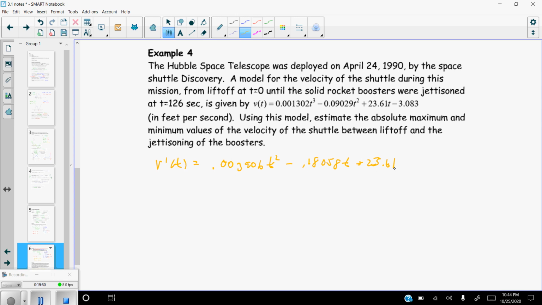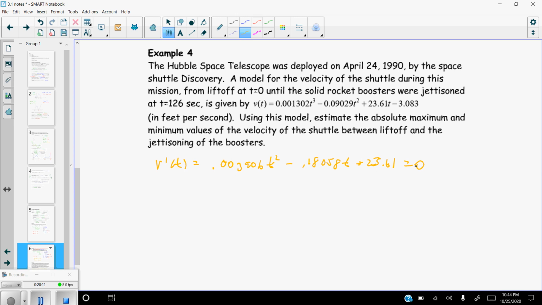We do need to figure out where that's going to be equal to 0, because we need the critical values. This is not something which I would expect that you would be able to do. Obviously, you could try and use a quadratic formula, but this is really messy numbers. So plug this into your calculator and see where the derivative would equal 0.